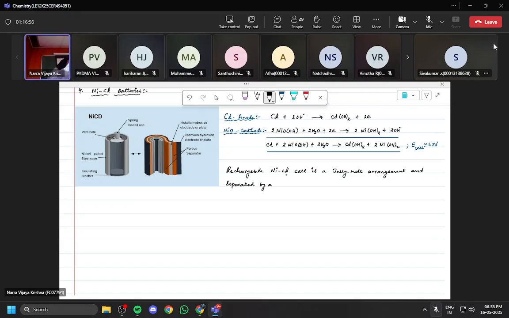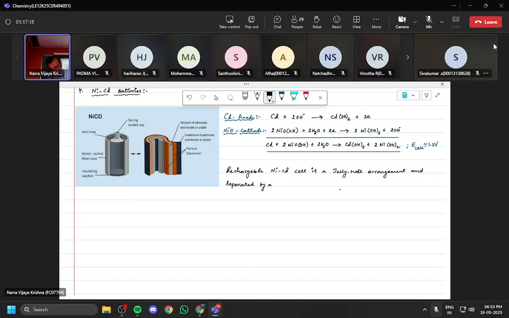One layer is having cadmium hydroxide, another layer is having nickel hydroxide. Means a porous diaphragm dipped in cadmium hydroxide, another porous diaphragm dipped in nickel hydroxide, one more porous diaphragm not immersed in both. Are you able to understand?